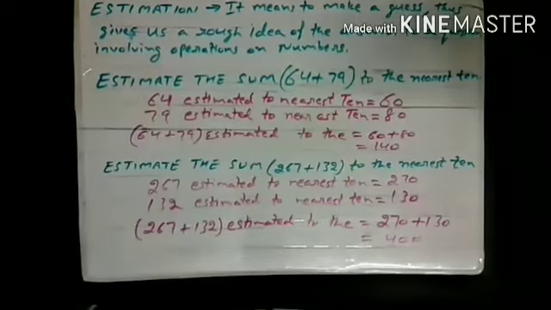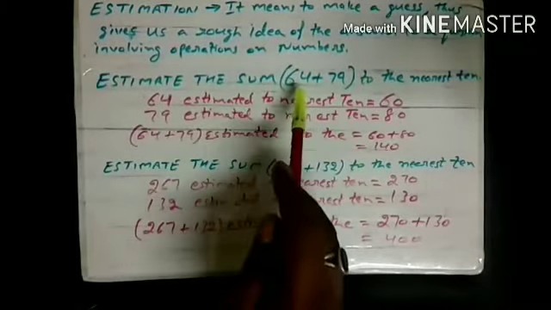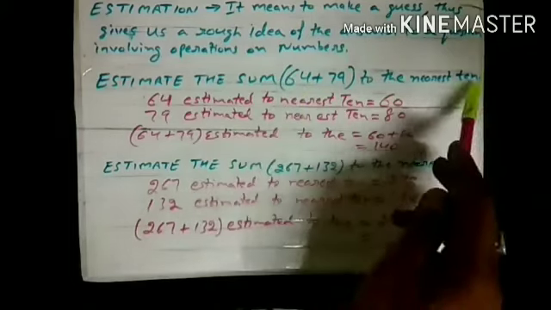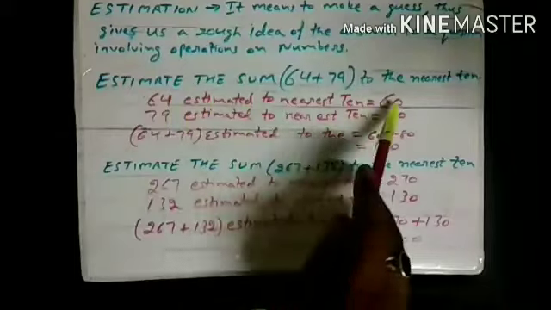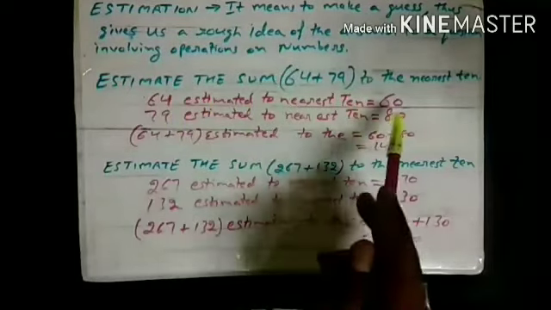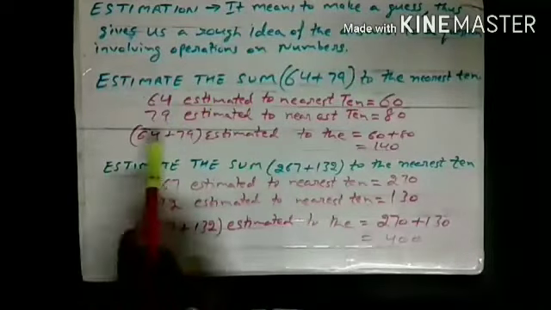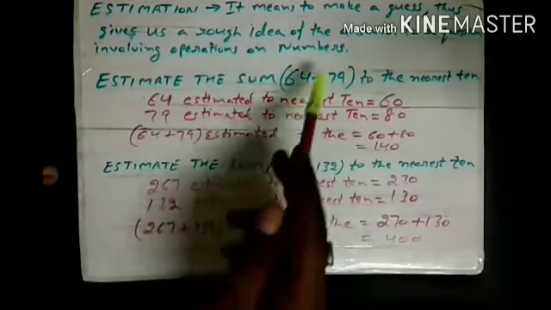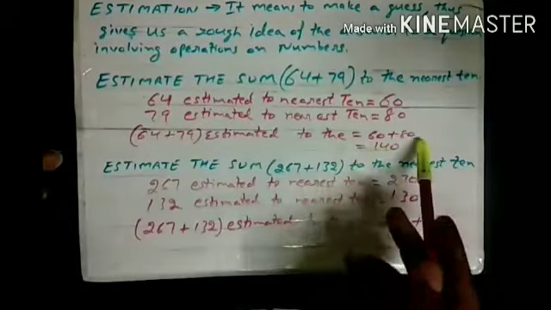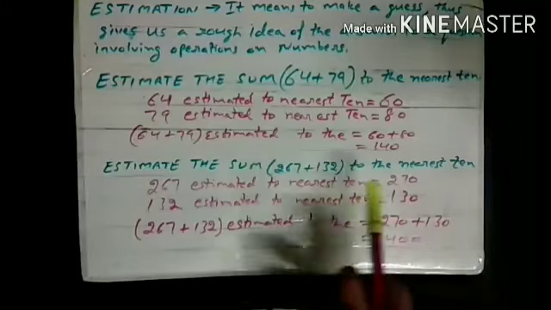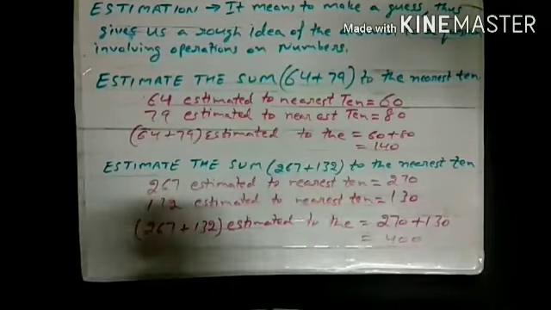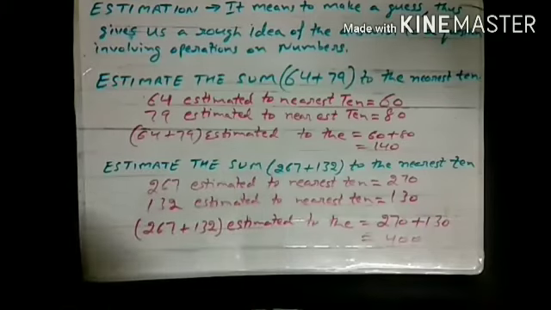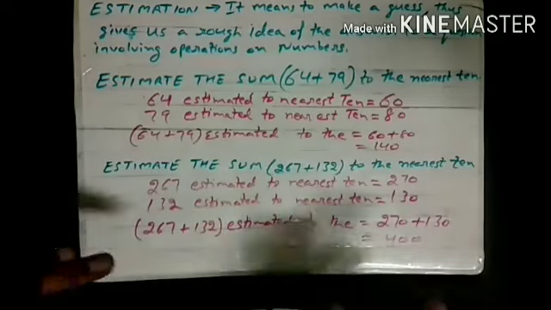So here we can see that first of all we have to round off the number as per the question requires. 64 we round to 60, and 79 we round to 80, and then we apply the operation that is given in the question. If it is addition, then we add and get the answer. If in the place of addition subtraction is given, then we will apply that operation, that means subtraction. Okay, the same is being done here.